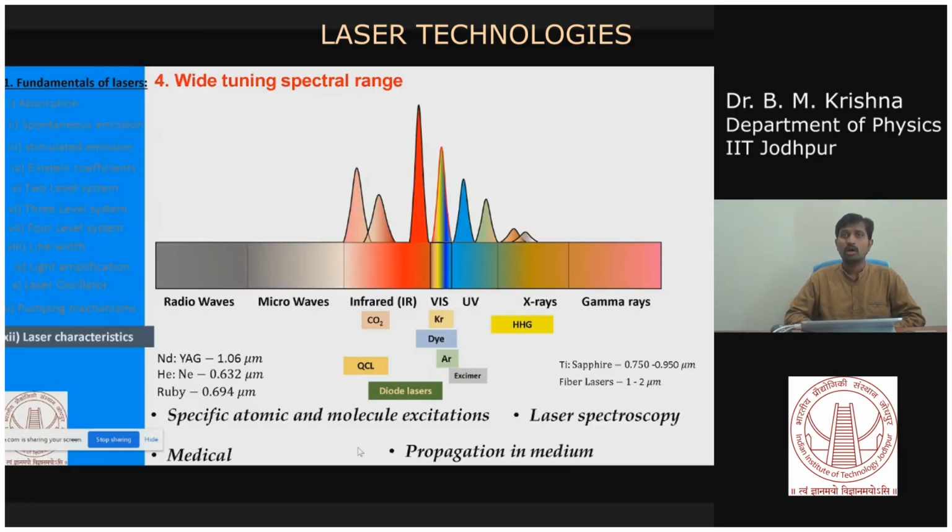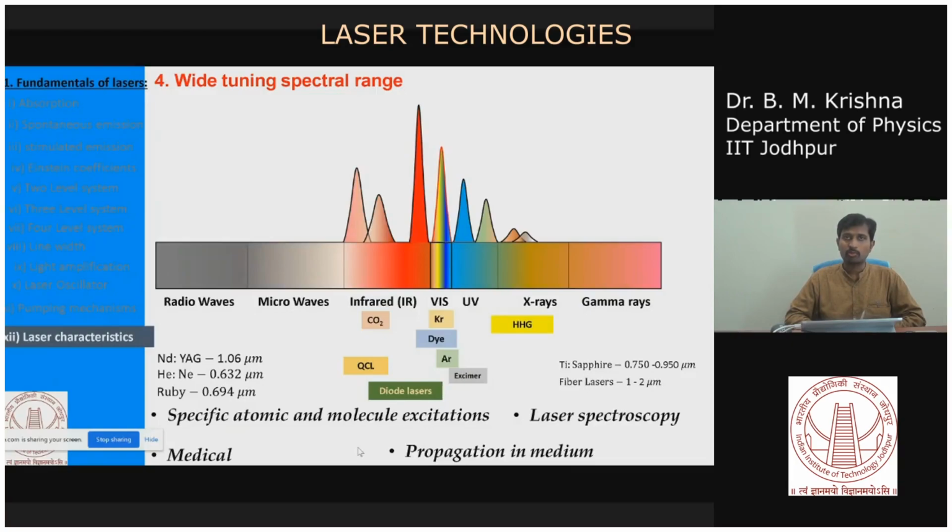For example, our human body absorbs IR radiation, and it responds very nicely to IR radiation, so IR imaging can be done using IR lasers. Each wavelength of the laser has different advantages.